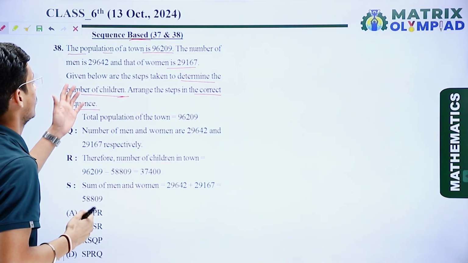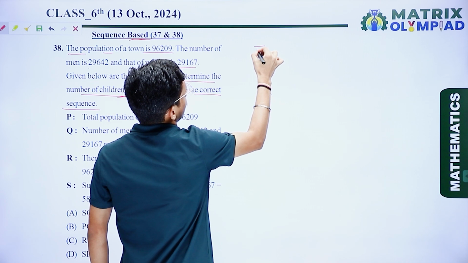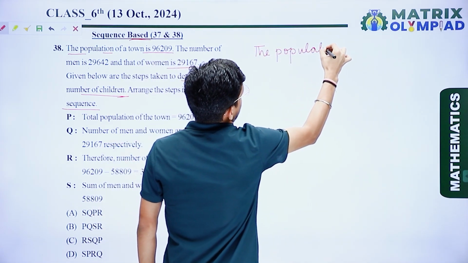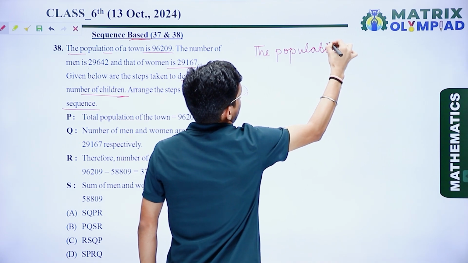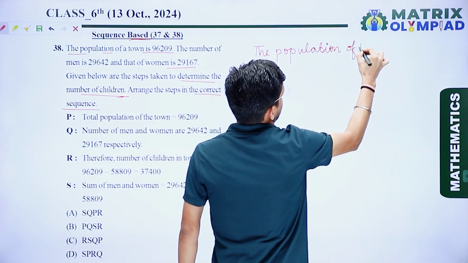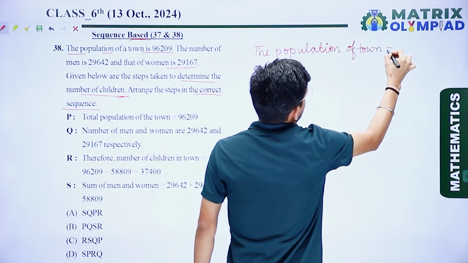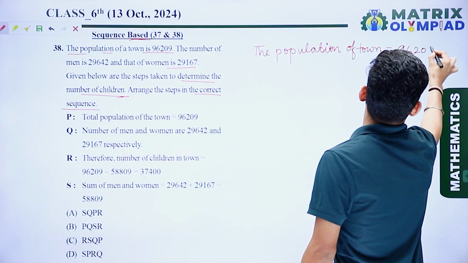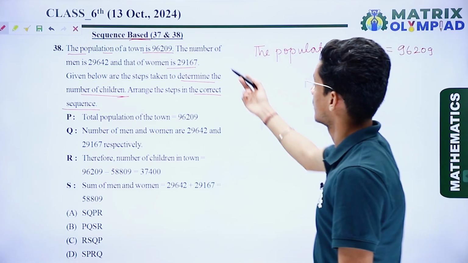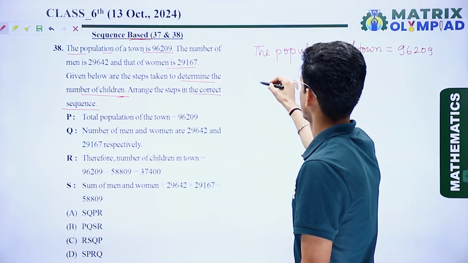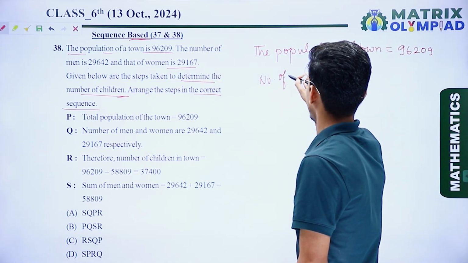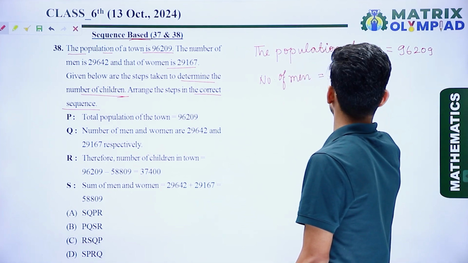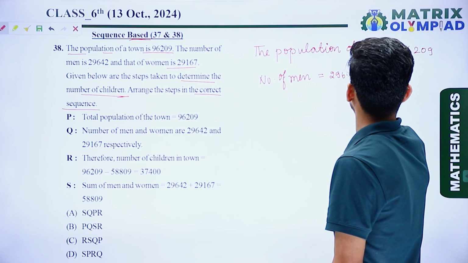So first we have given the population of the town, that is 96,209. Now again we have given the number of men, that is 29,642.